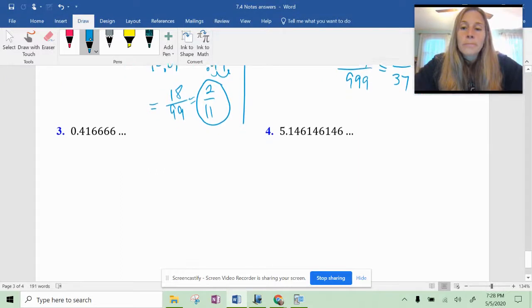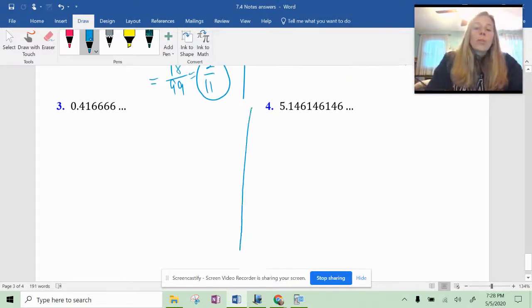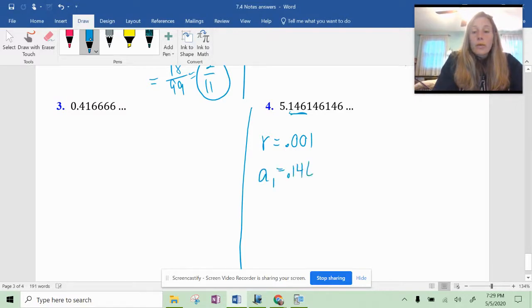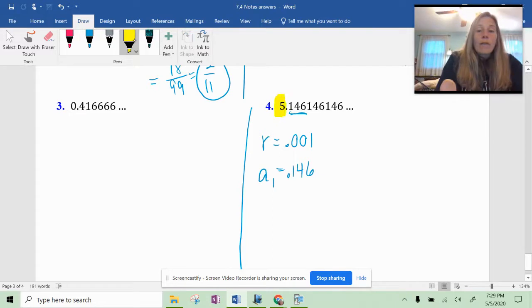Okay, so now I'm going to go to 4, then I'll go back to 3 because 3 is a little bit tricky. So for number 4, the R value, everybody, what would that be? You got 0.146 repeating, that's 3 digits, so 0.001. Our A sub 1 is that 0.146. Now we're going to have this 5 out front of the decimal. We're just going to tack that on at the end.